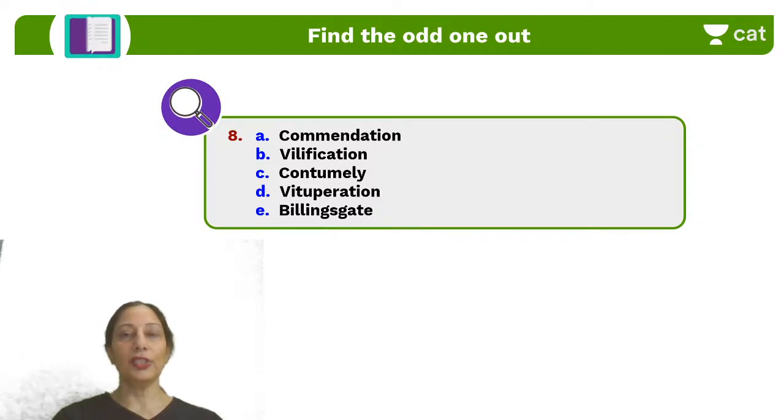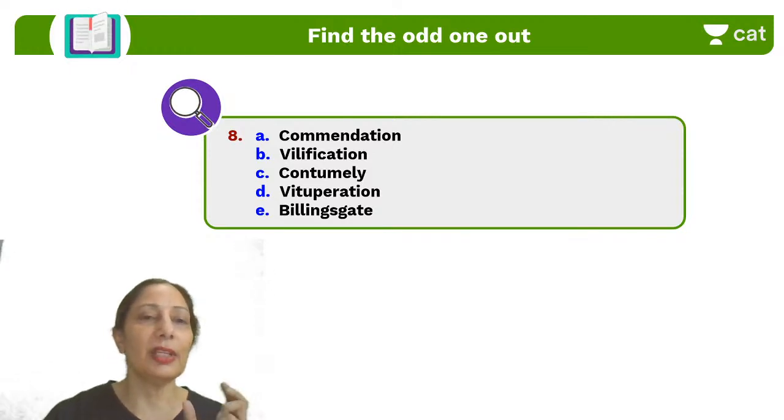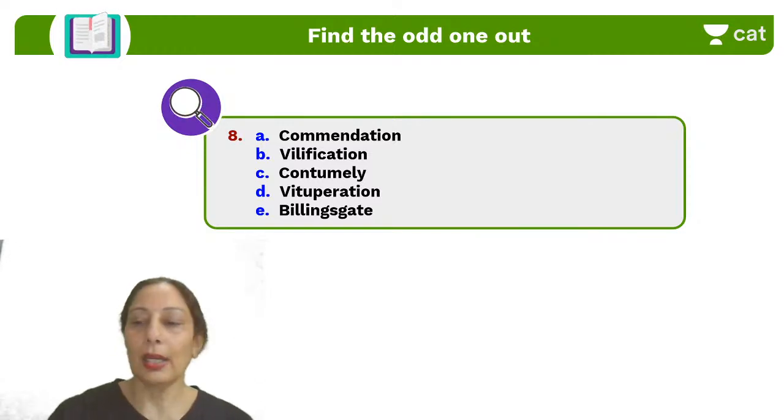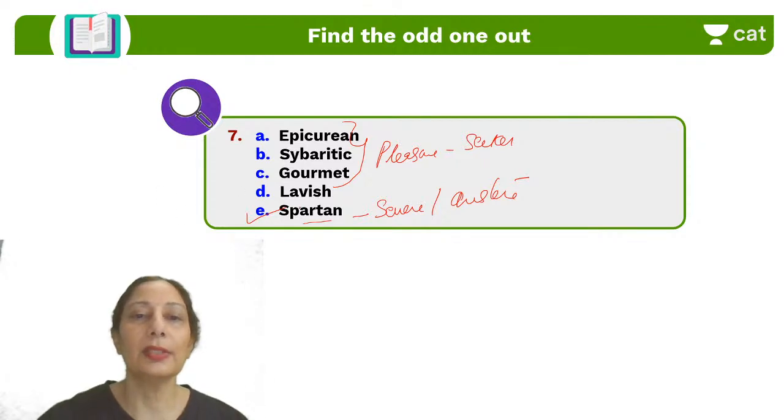Commendation, vilification, contumely, vituperation, Billingsgate. Yes, what do you think is the answer, guys? Yes, austere means very severe, a very hard lifestyle, Abhishek, because Spartan comes from the name of a place called Sparta.